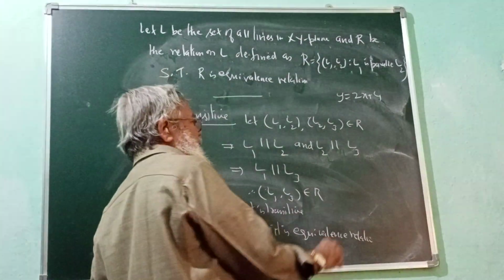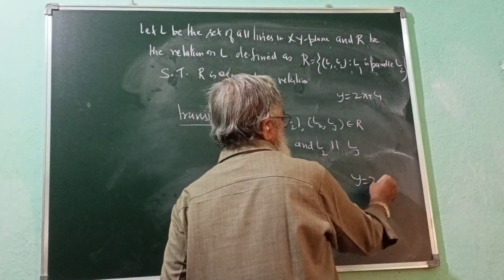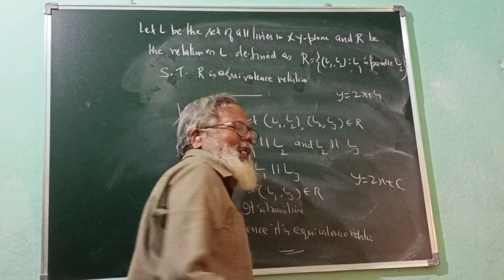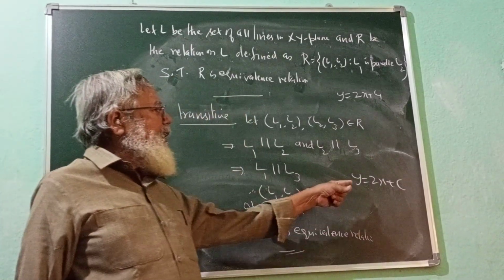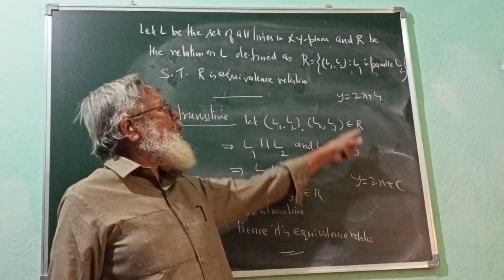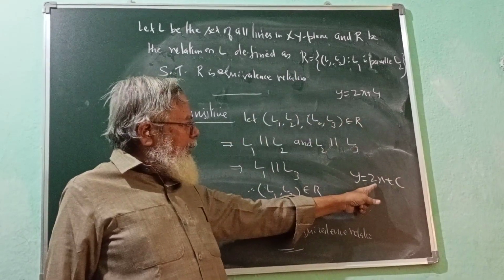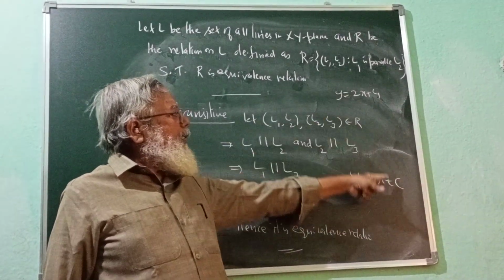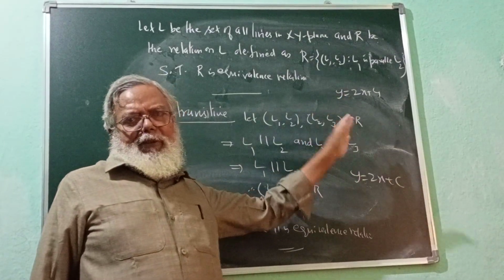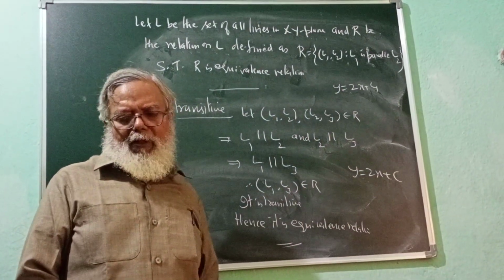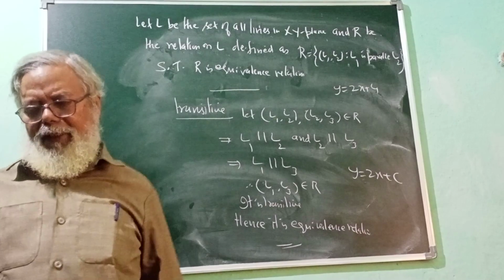We can write generally y is equal to 2x plus c, where c can be any constant. It is the set of all lines which belong to the set R, because it is parallel to this line and the constant term can be different. Thank you.